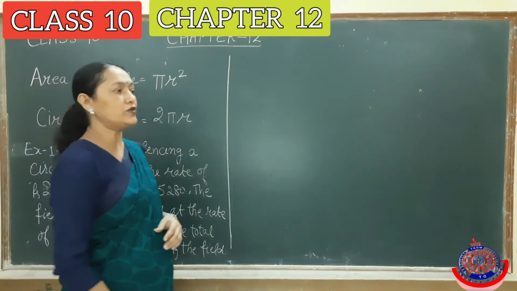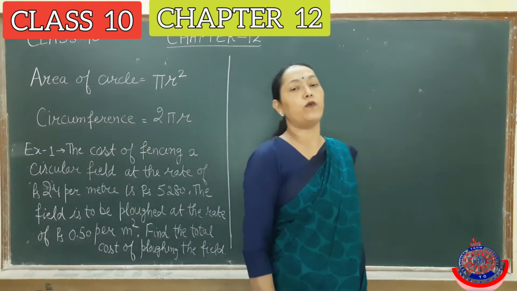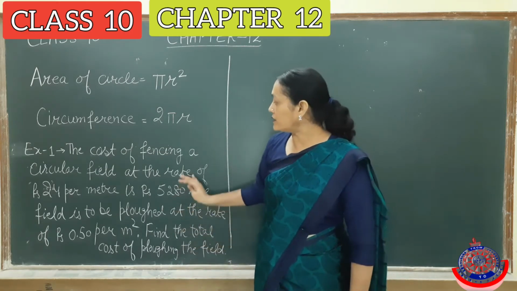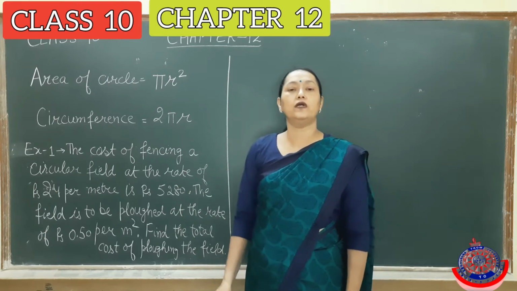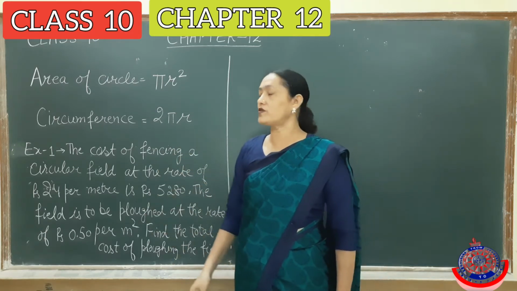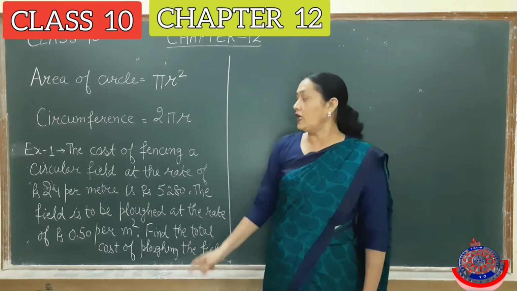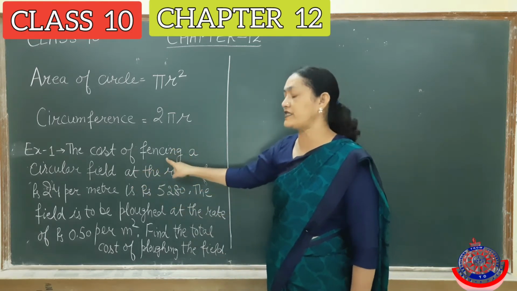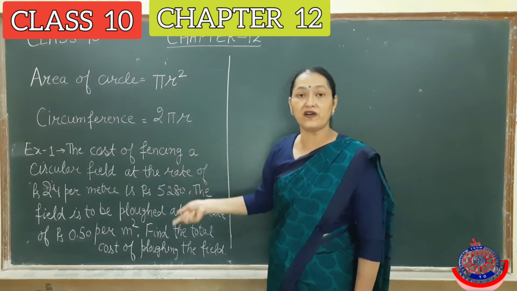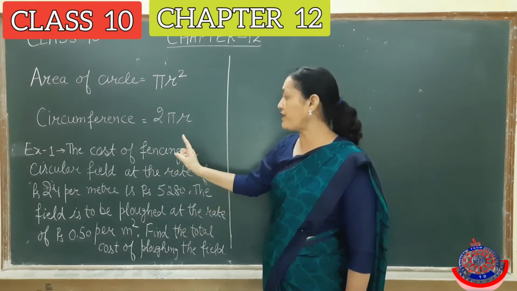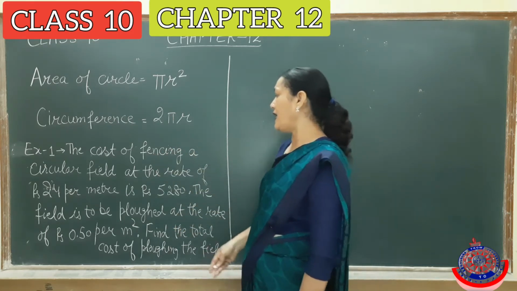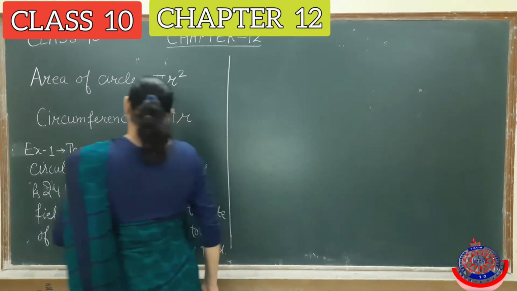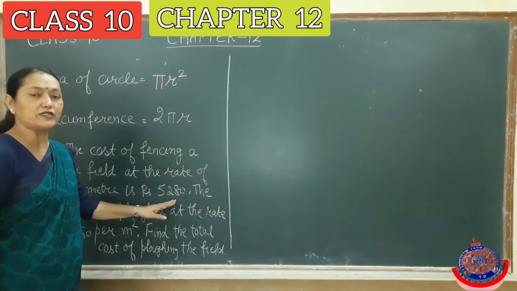Before I tell you other formulas of area related to circle, let us do some questions based on these basic formulas. First question I have taken where they have given the cost of fencing. Fencing means they are talking about circumference. The cost of fencing a circular field at the rate of rupees 24 per meter is rupees 5280.